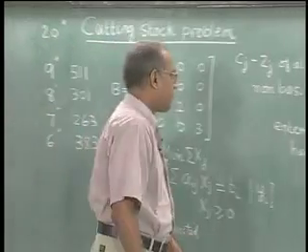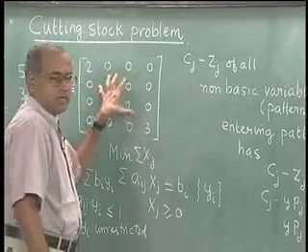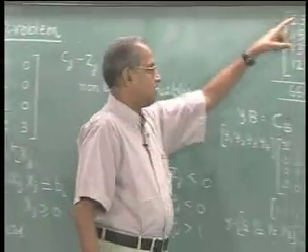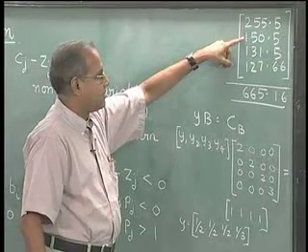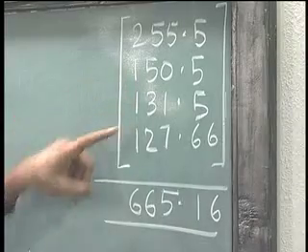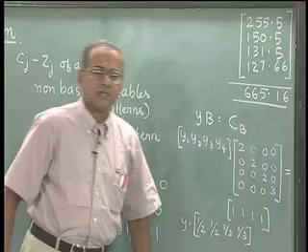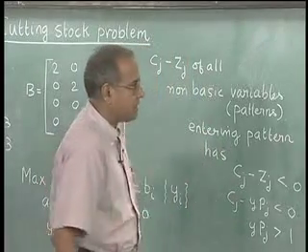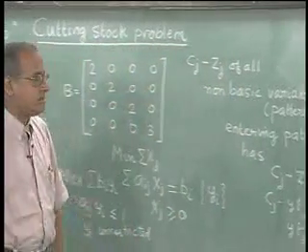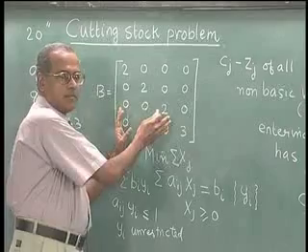If we follow these 4 patterns, then we would require 255.5 of the first pattern, so much of the second, third and fourth, which gave us 665.16 sheets. Next thing that we had to do is to find out whether this is optimal.